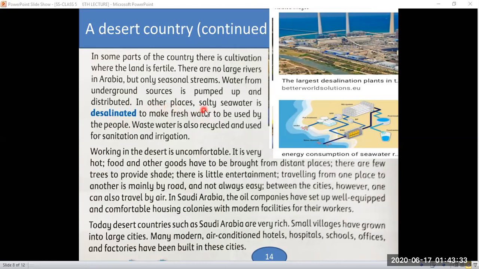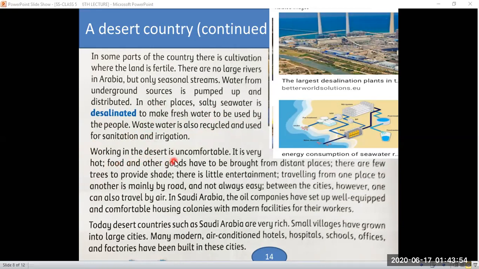So in other places, salty water is desalinated to make fresh water to be used by the people. Vast wastewater is also recycled and used for sanitation and irrigation.